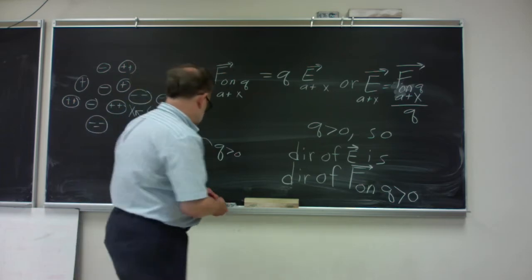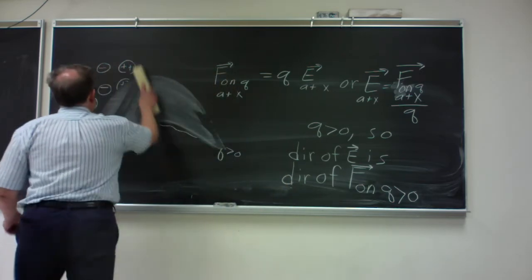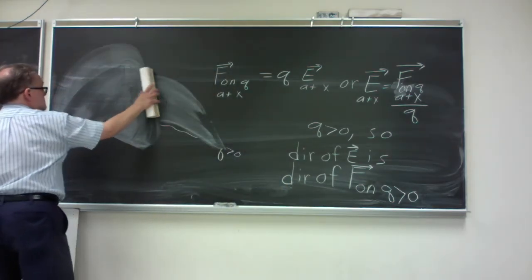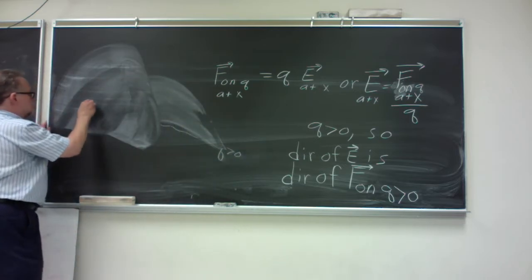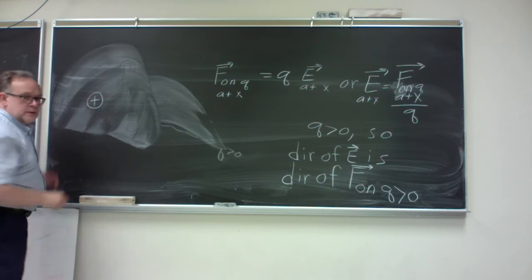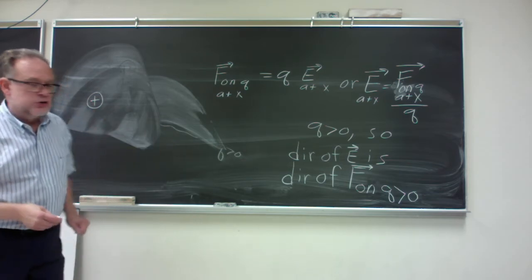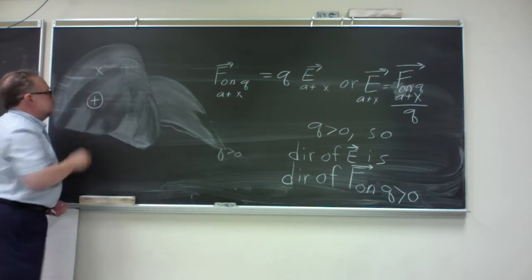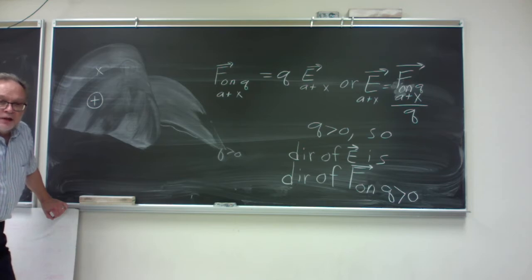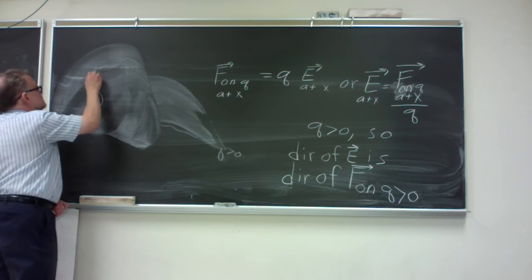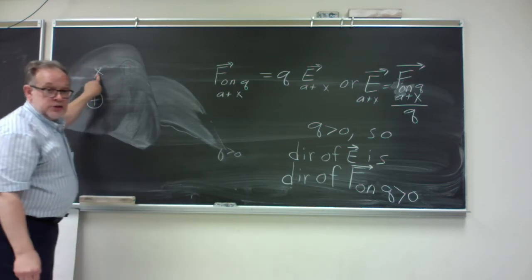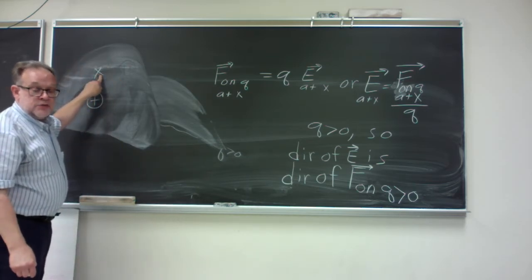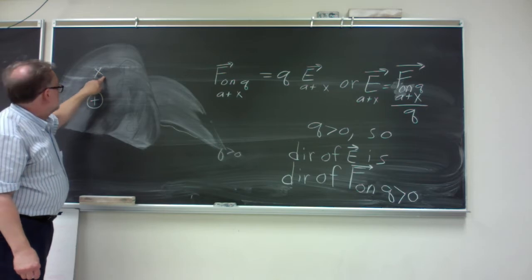For example, let's say we have just one little lump of positive charge. What's the direction of the electric field at that point? Well, the direction of the electric field there is the direction of the force that a positive charge would feel if you put a positive charge here.